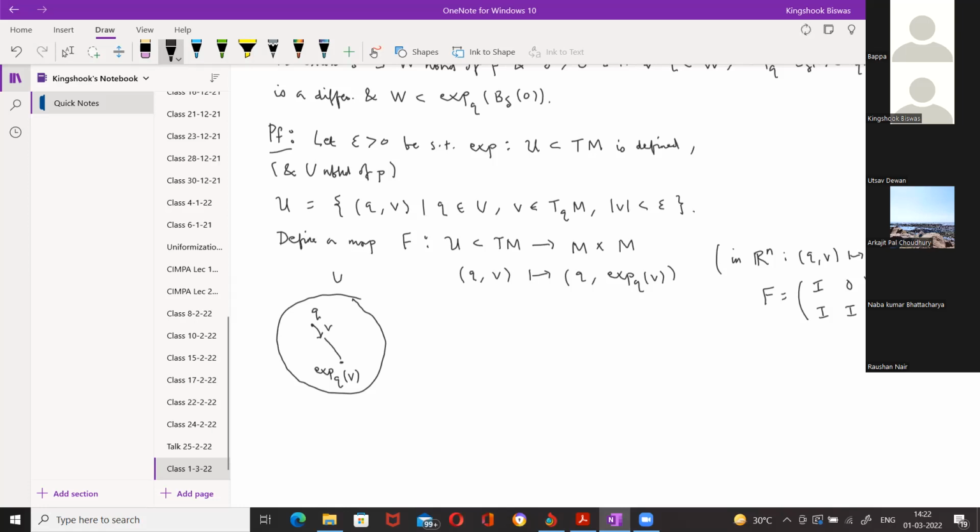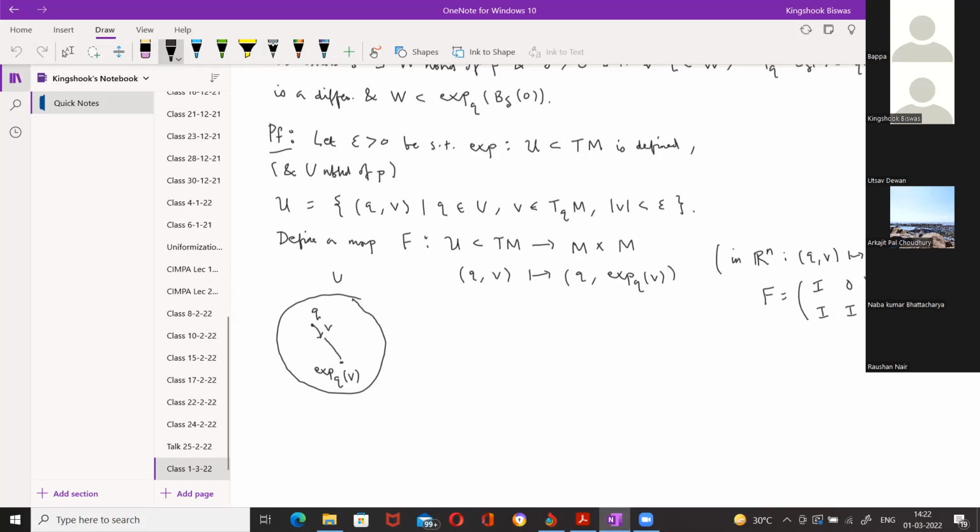So what you would expect in a manifold is that this map in a neighborhood of the 0 vector in the tangent space at P should be invertible. And what is the one way we know to show that a map is locally invertible? The derivative is invertible at a point. Right, the inverse function theorem.